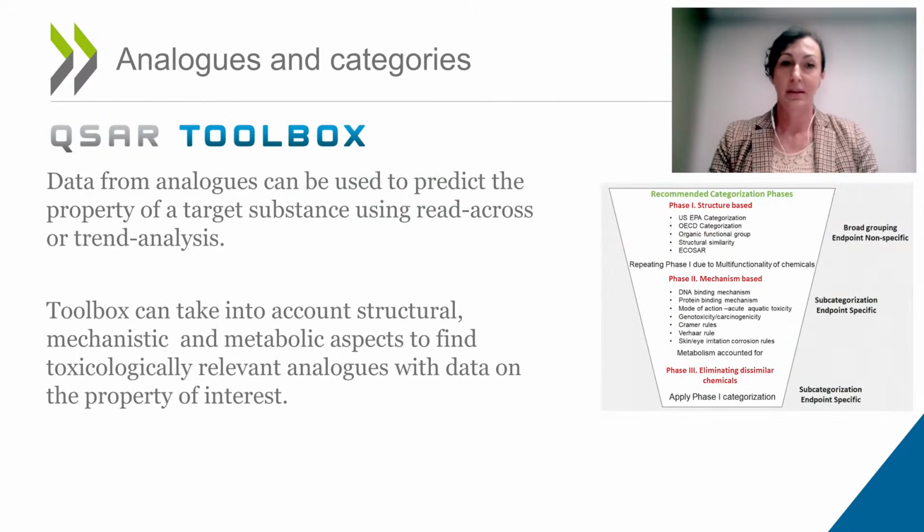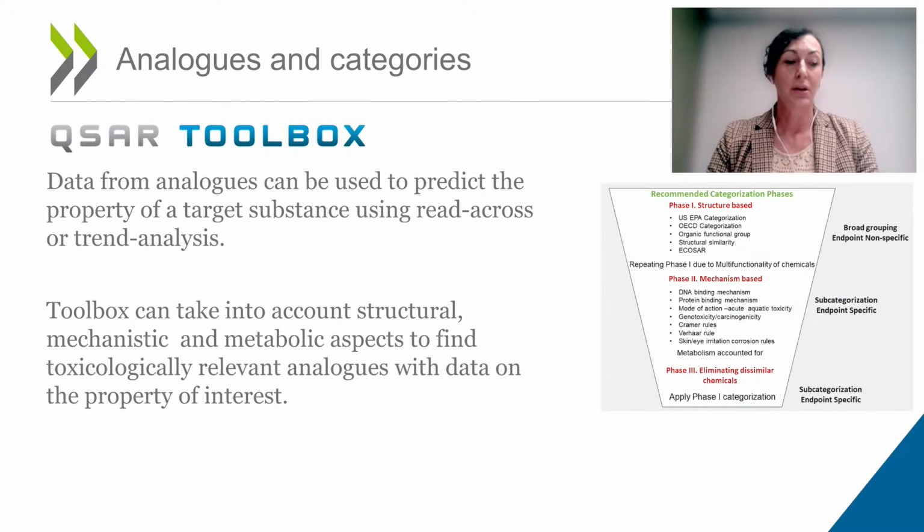So how is all of this information used? The toolbox supports predictions based on analogs and categories, and it can take into account the profilers I mentioned, the structural and mechanistic information, as well as the metabolic aspects to find toxicologically relevant analogs with data on the property of interest. So the data from these analogs can be used to predict the property of a target substance using read-across or trend analysis.